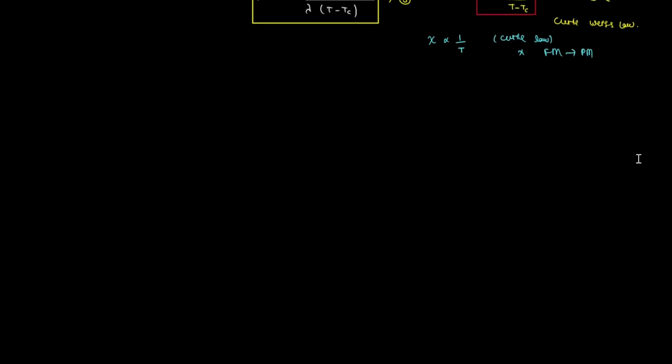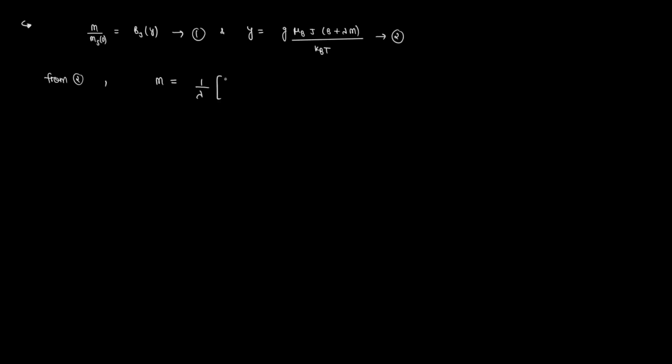Let's come back again to our equation for M divided by Ms, which was equal to B_J(y), where y was given by this. Now from equation 2 we can get the value of M as 1 over lambda times (y kT divided by g mu_B J minus B). This represents a linear equation with x-intercept and slope proportional to temperature.